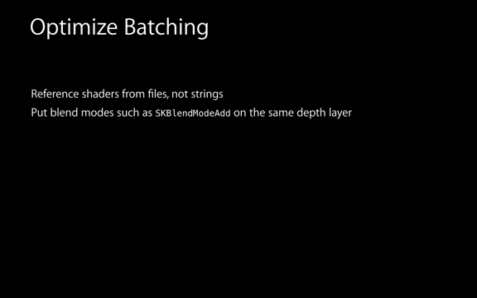So a trick you can use, you can imagine, for example, if you had some sort of a misty forest scene with a layer of trees and then a layer of creatures and then another layer of trees, and the trees have alpha in them. If you put all those things on the same Z, like literally exactly the same Z, then SpriteKit will know these things go together with their blend mode. And for example, all of the trees in the front can go out in one draw call with one blend mode. And that may or may not be just that little extra bit that you needed to get a little more time to squeeze in that little more awesome.